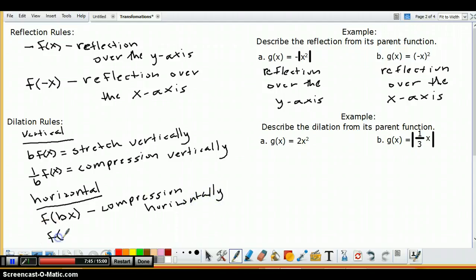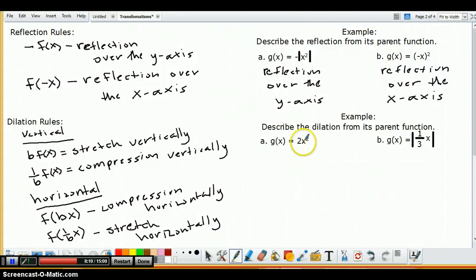And if I have f of 1 over bx, that is a stretch horizontally.